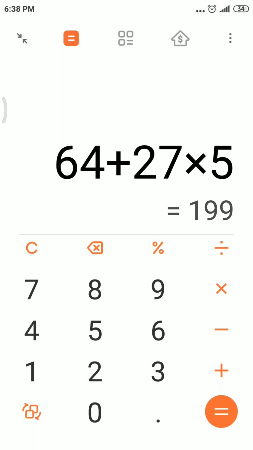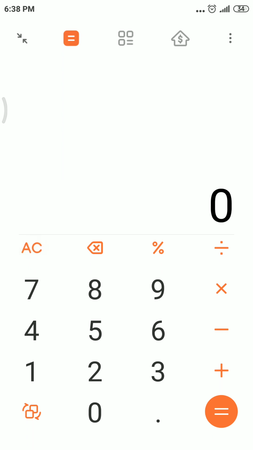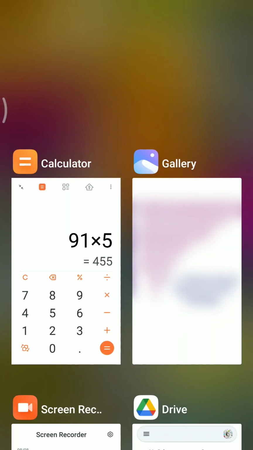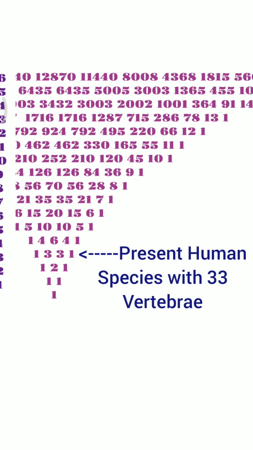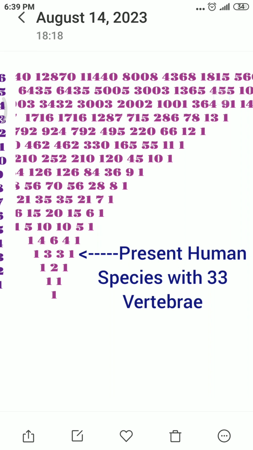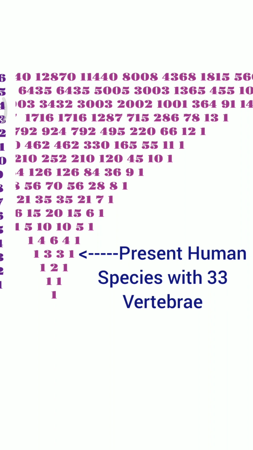If you take 91 into 5, that is 455, here you have 455 days. Instead of 364 days, if you evolve up to the 15th step, then we will have 455 days. Similarly, if you evolve to the 16th step, the topmost step, then you will have 560 days.